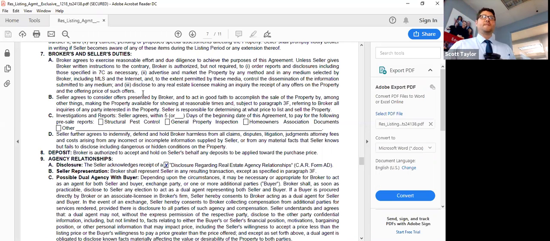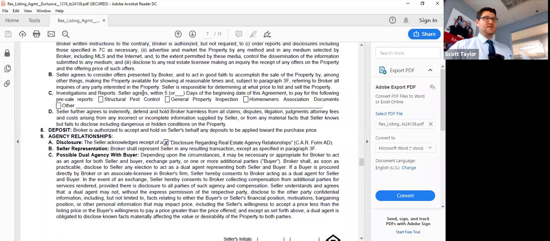You have the ability to order reports on their behalf based on this paragraph 7C. Investigations or reports: the seller is agreeing, within 5 days of the beginning date of this agreement, to pay for the following pre-sale reports. Those of you who have been around a while know that I generally contact Key Termite. They give me free pest reports and I order that on behalf of the seller.